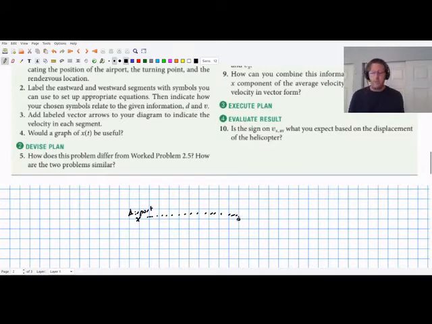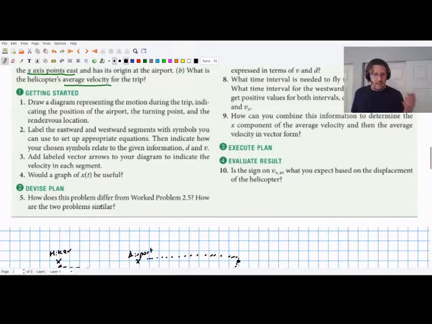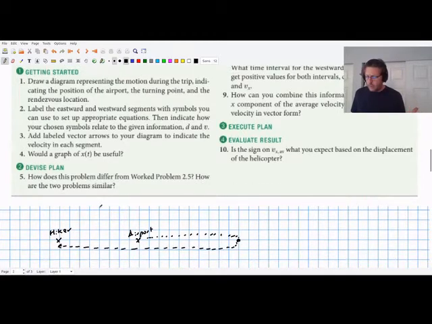That's the location where they realize they went the wrong way after they call in, then they go back the other direction. Way over there, the same distance again on the other side. This is where the hiker actually is, over here. So that's the whole distance that they have to cover. Okay, so that tells the story, indicating the position of the airport, the turning point, and the rendezvous location.